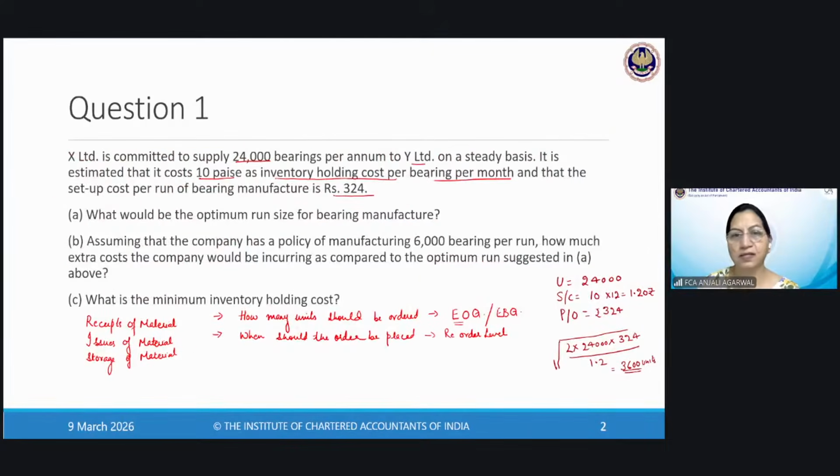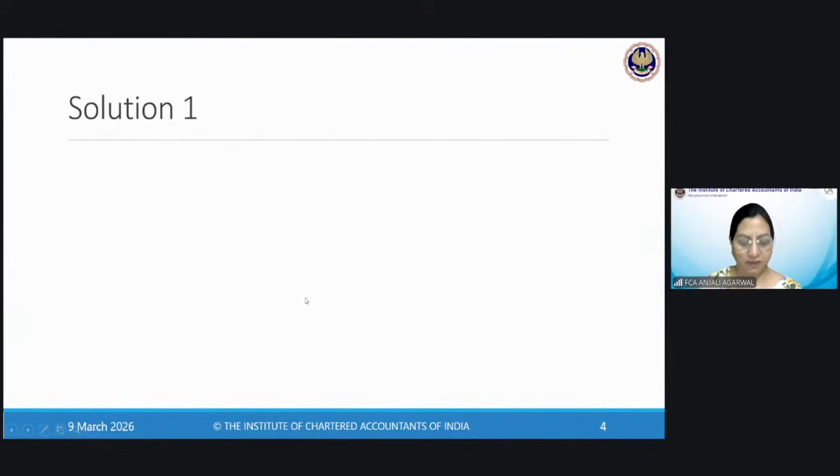So the first answer to how many units should be ordered is 3,600. Then, assuming that the company has a policy of manufacturing 6,000 bearings per run, how much extra cost would the company be incurring as compared to the optimum run suggested above? And what is the minimum inventory holding cost? We have decided that our answer is under root 2 into U into P upon S. Whatever variable you use, you will define it before making the calculation, where U is the annual usage.